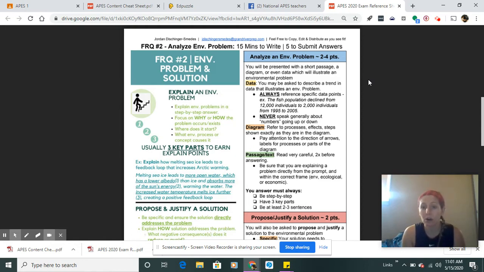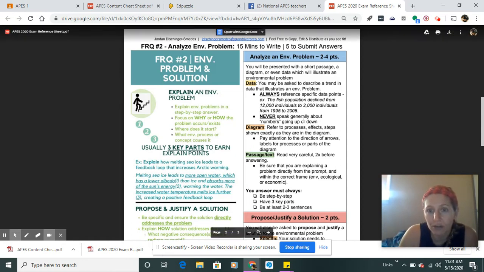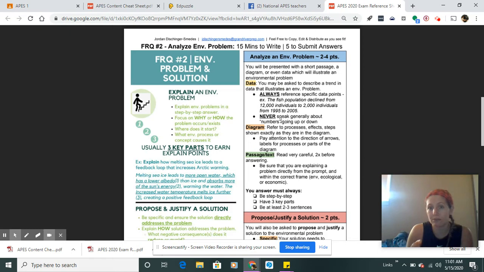It's not going to hurt you to just be painfully specific. It's going to be a pain for the reader, but at the same time, you don't want to miss a point. So with data, never speak generally about numbers going up or down. Don't just say they go up. Say the number of individuals is going to increase from this to this over the course of this to this. So be super specific.